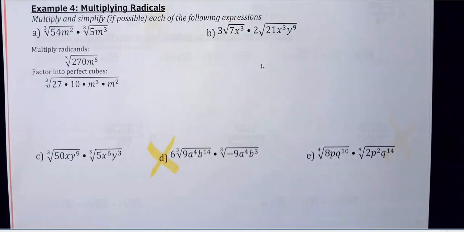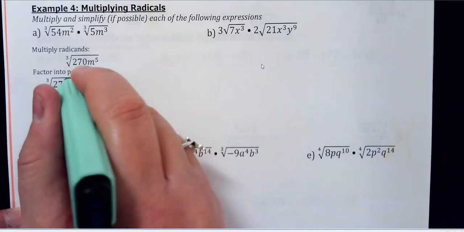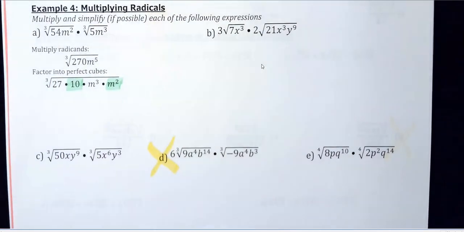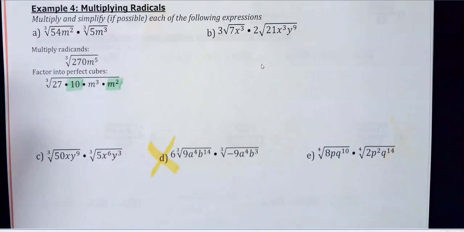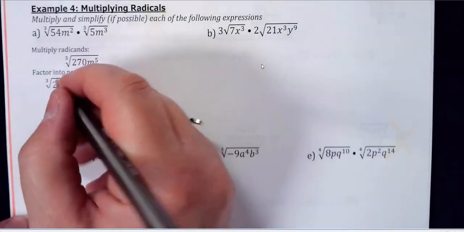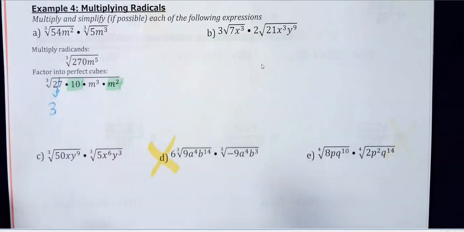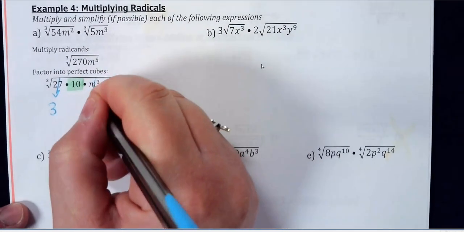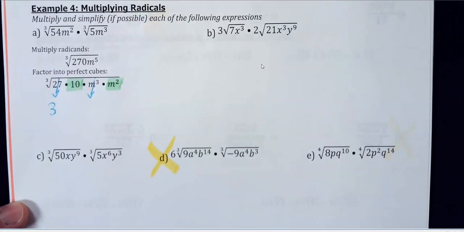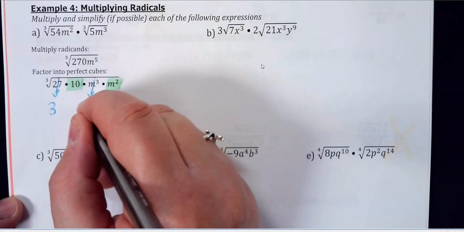Okay, so if I look back in here, the 10 is not a perfect cube, and the m squared is not a perfect cube, but everything else is. So what we can remove: the cube root of 27 would come out as 3. M to the third, exponent divided by the index of the root, 3 divided by 3 would be 1, so the cube root and third power cancel each other out, but we would still have an m.